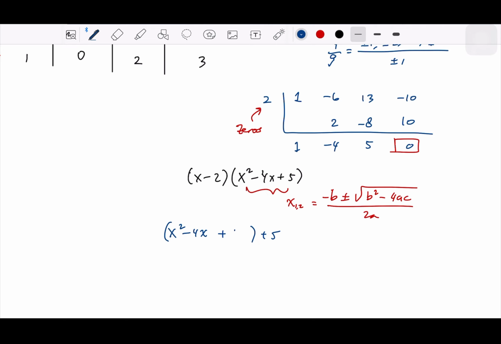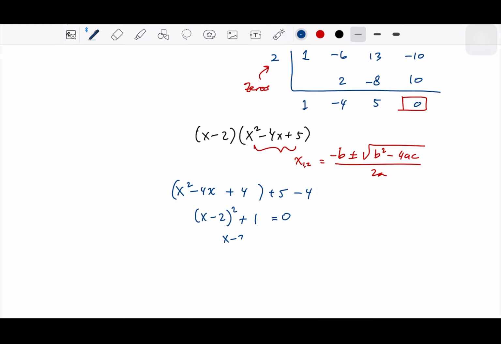So this is supposed to be 4, right? So x minus 2 squared minus 4. Oh, not minus 4, sorry. Minus 1. Oh, plus, sorry.